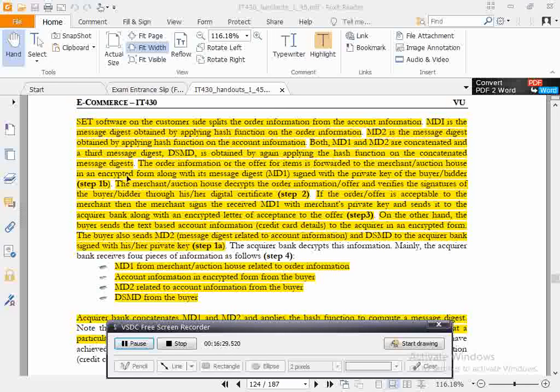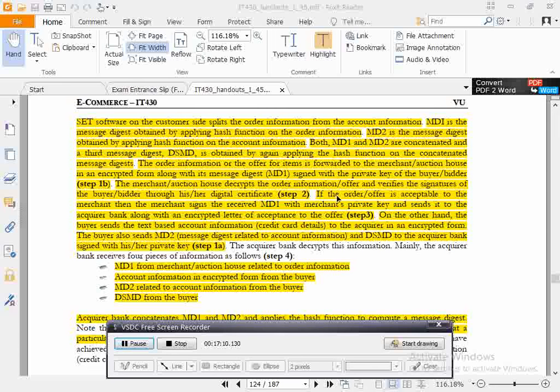The auction house is encrypted along with its digest MD1 signed with the private key of the buyer or bidder. The merchant or auction house decrypts the order information or offer and verifies the signature of the buyer or bidder through his or her digital signature certificate.